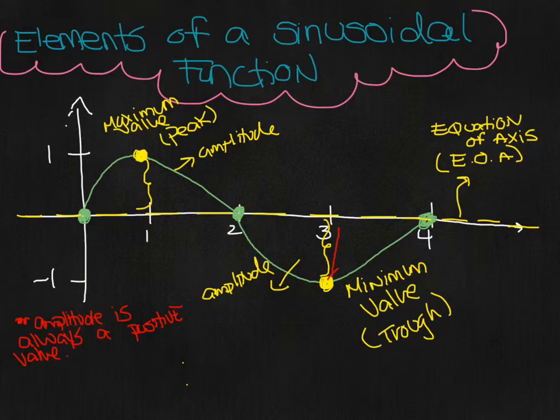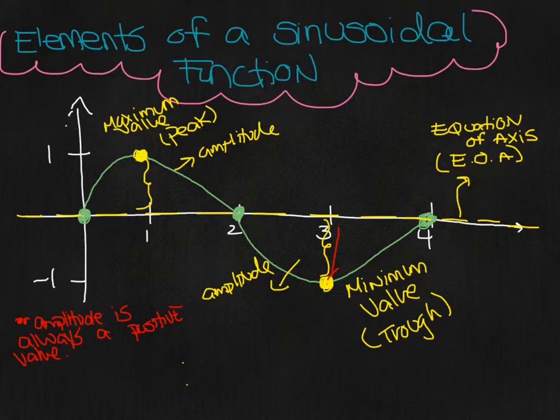Actually, before we go on to an actual example here, I forgot to mention another key property of the sinusoidal functions. So we've talked about the maximum, the minimum, the amplitude, the equation of axes, but we didn't talk about the period of the function.